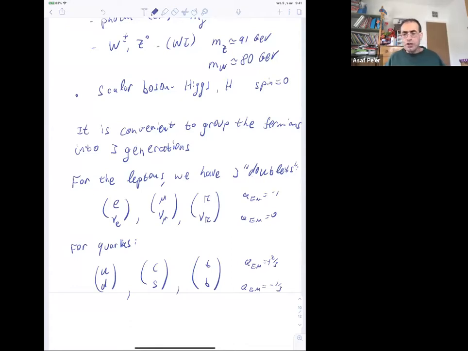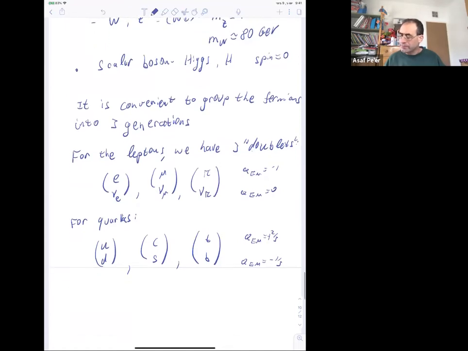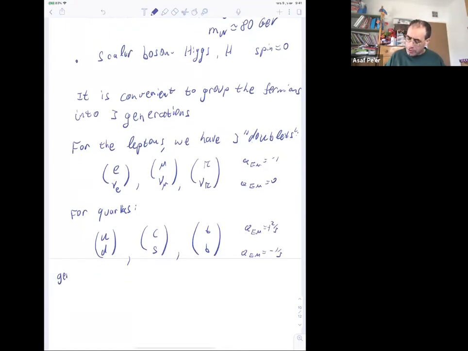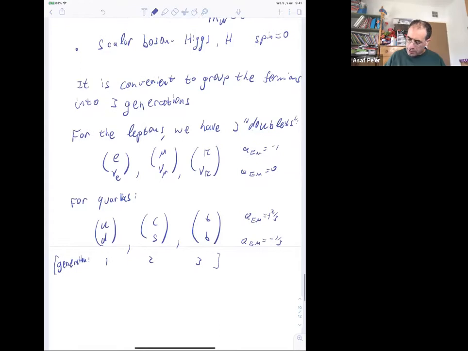Now, generally speaking, the particles in the first generation are the lightest, so they have the lowest mass. And as we go from the first to second to third generation, the particles become more massive. Right, so this is generation 1, 2, and 3.